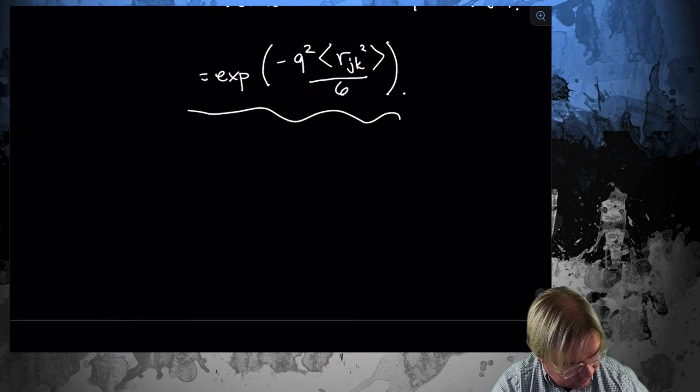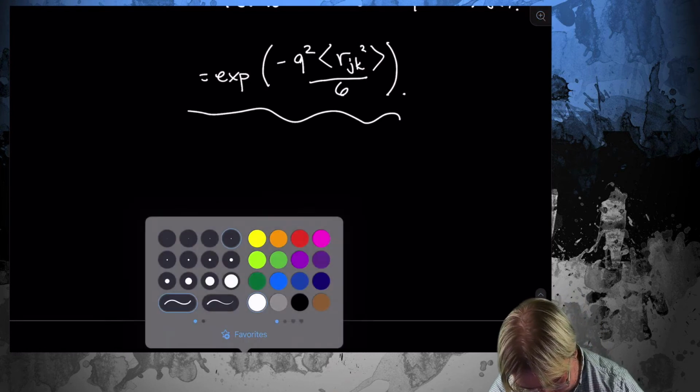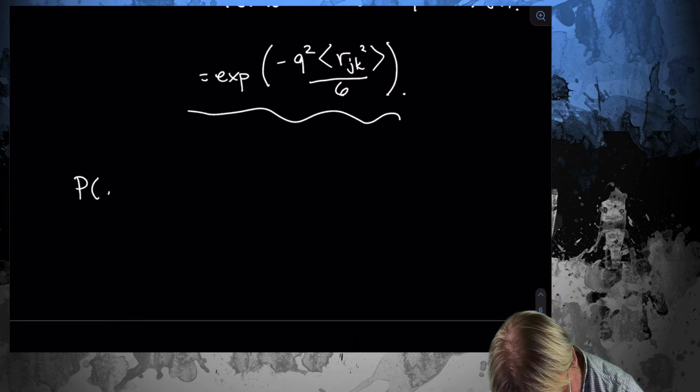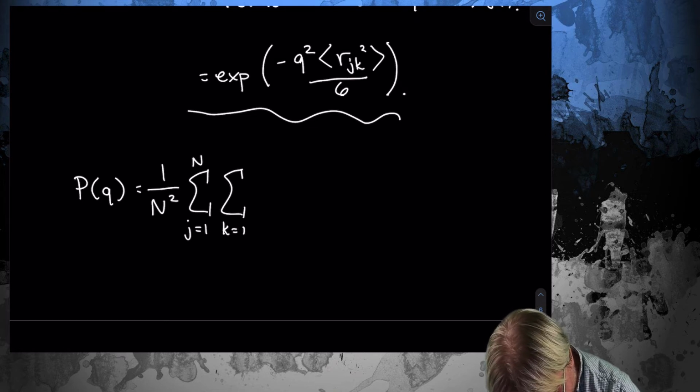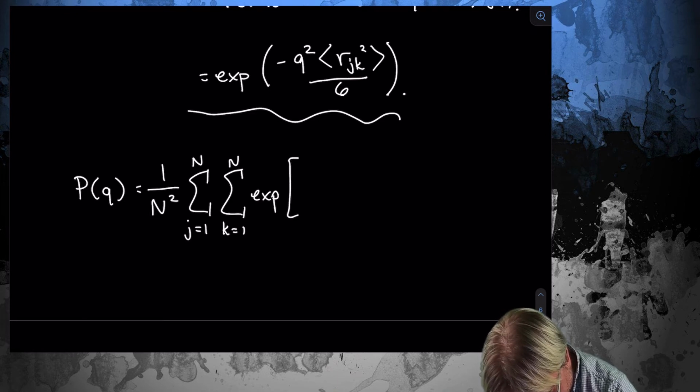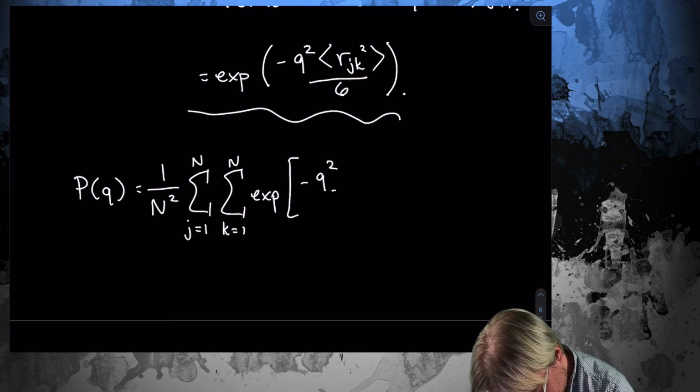Okay, so if we substitute that in, then we'll get that P of Q will be 1 over n squared, summation j goes from 1 to n, summation k goes from 1 to n of the exponential of minus q squared times something over 6.